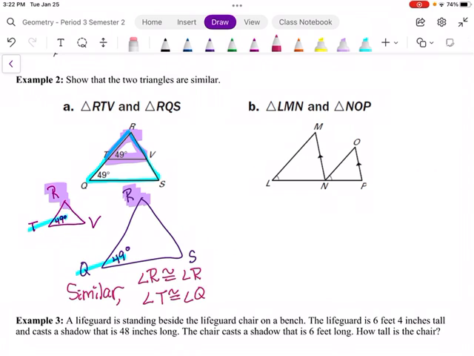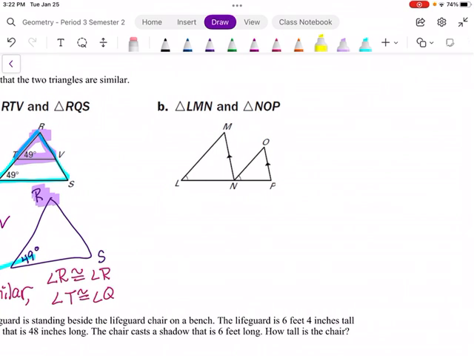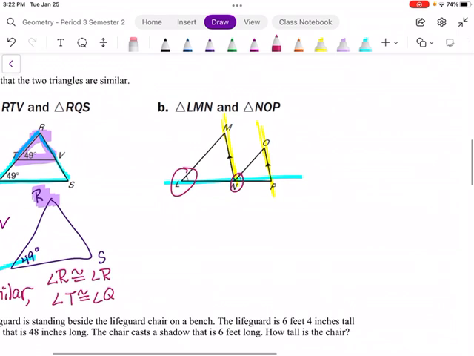Next, some of these problems you will have to use angle pairs with parallel lines. So this one, we have that parallel line. The angles that go together, they told us L and N, or O and P, were congruent in the given information. Then we also have these corresponding angles here, which gives us our second congruent angles.